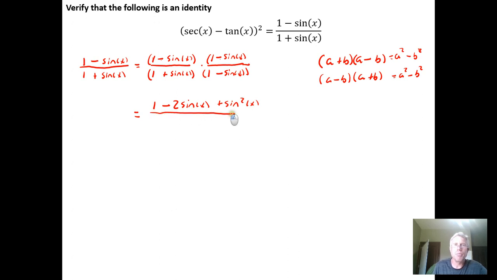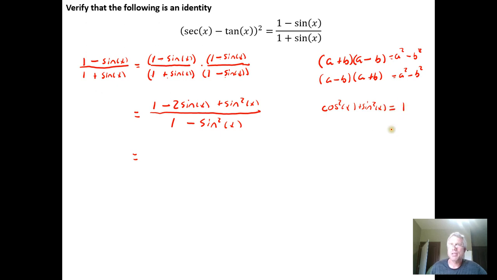And the denominator, we have the difference of squares form, so we're going to wind up with a 1 from 1 times 1. The middle stuff will cancel, and we'll get plus sine x minus sine x, and minus sine squared of x. And then we want to recognize that this right here is just the Pythagorean identity showing up again. Cosine squared plus sine squared is 1.